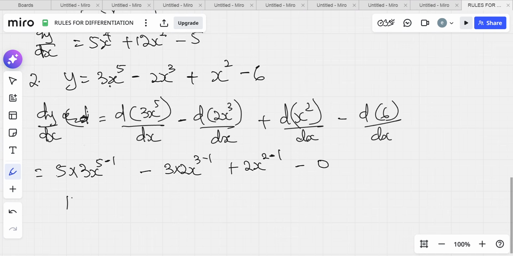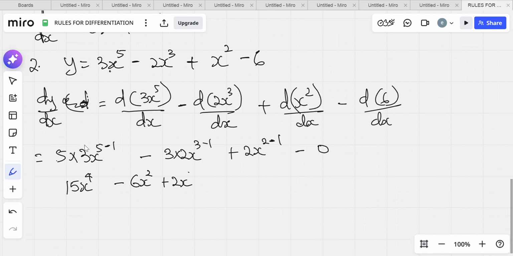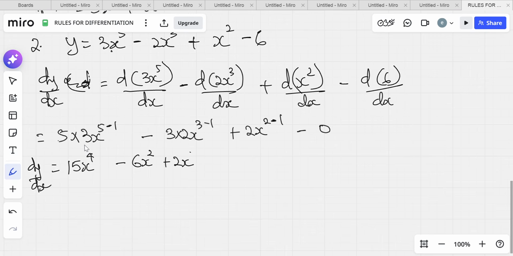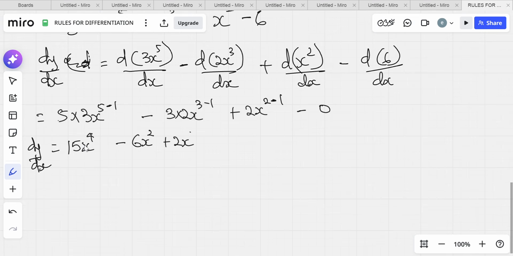Okay, so I have 15x to the power 4 minus 6x to the power 2 plus 2x to the power 1, and anything to the power 1 is itself. So you can see that dy over dx is equal to this. So this is about the sum and difference rule.